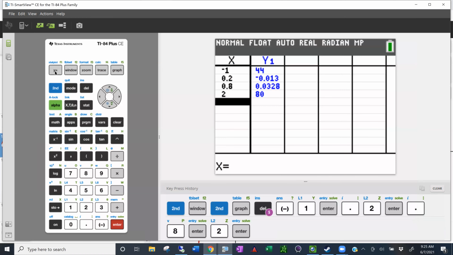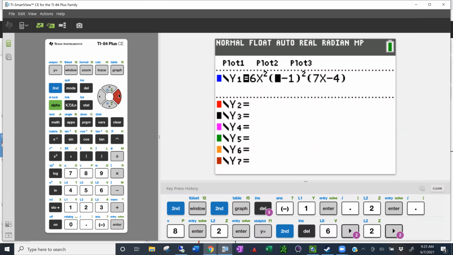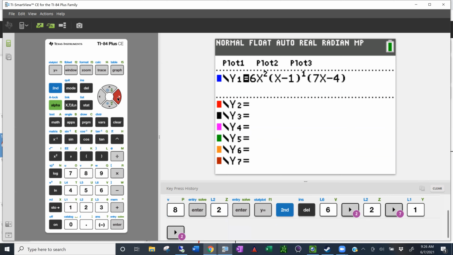This one's even crazier than the last. We got 6x squared times (x minus 1). This time it's just to the first power. And then here I need a (7x squared minus 8x plus 2).